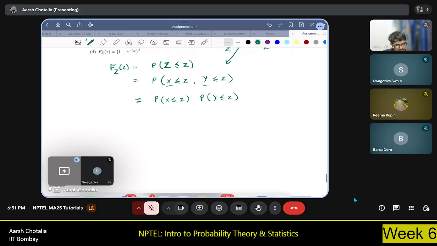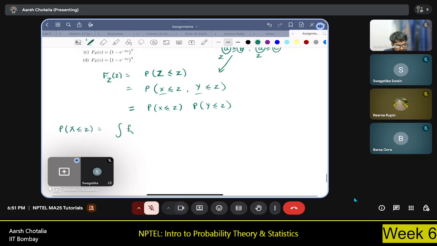Okay. Now the probability that X is less than or equal to z, that is just the integral of the distribution of X from minus infinity to z, right? Because we want the maximum value to be z.